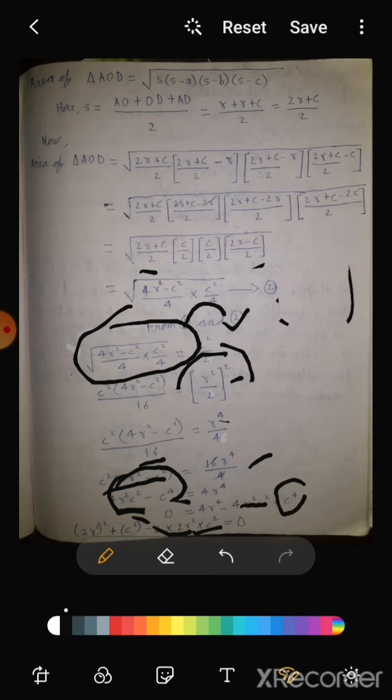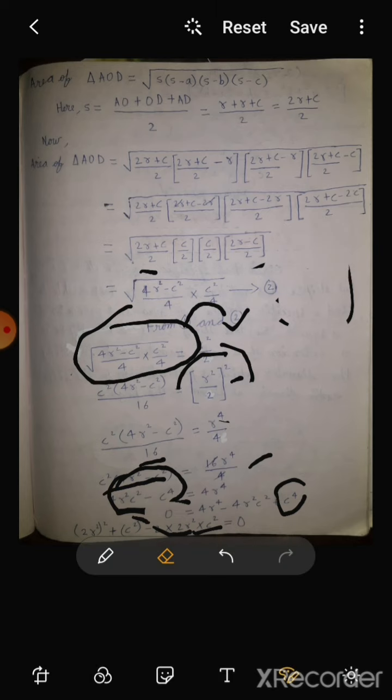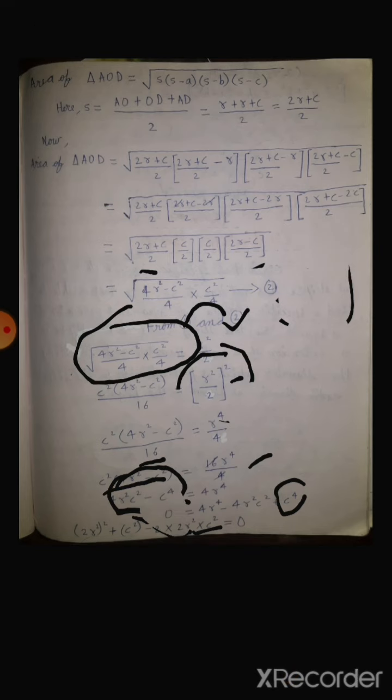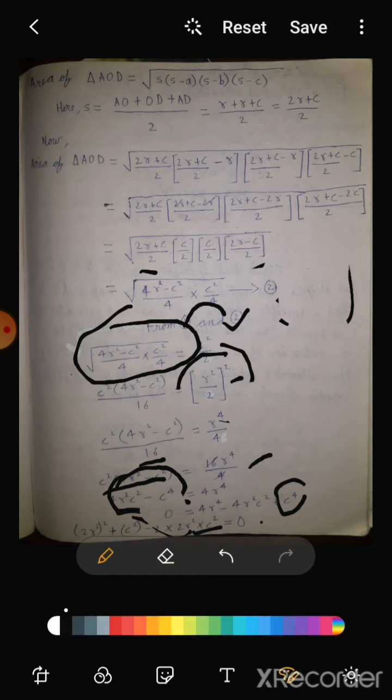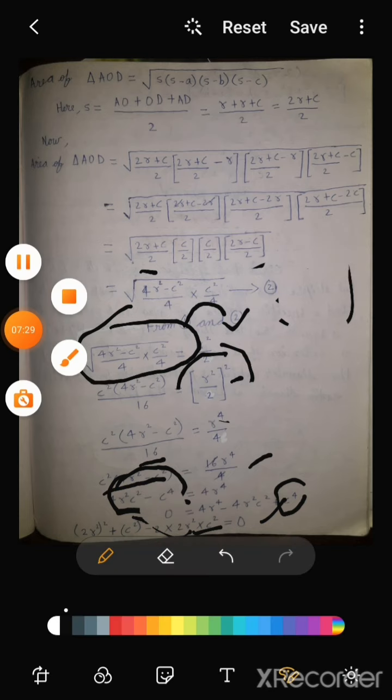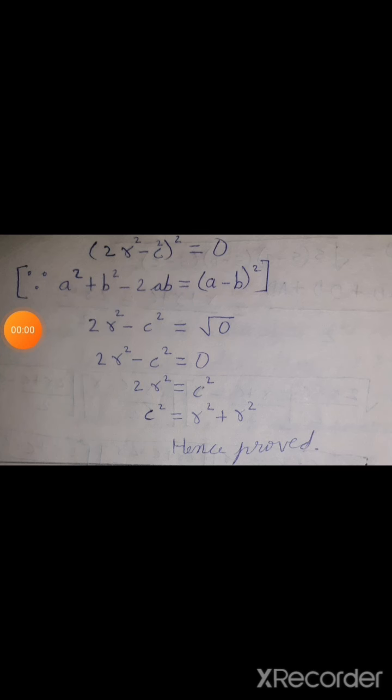It will give you 4R square C square and equals 0 as it is. Next step is (2R square minus C square) whole square is equal to 0.